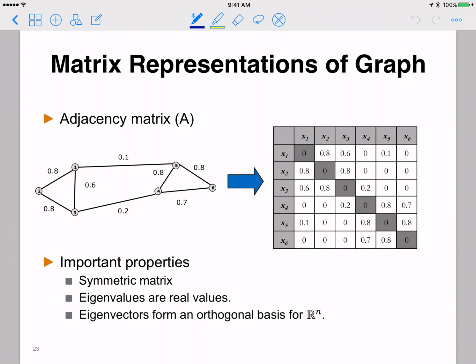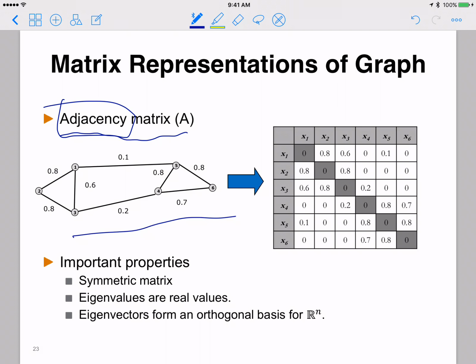Now we learn a little bit of graph theory. The first one is the adjacency matrix, which is quite obvious. We consider a pairwise similarity matrix, or pairwise adjacency matrix.